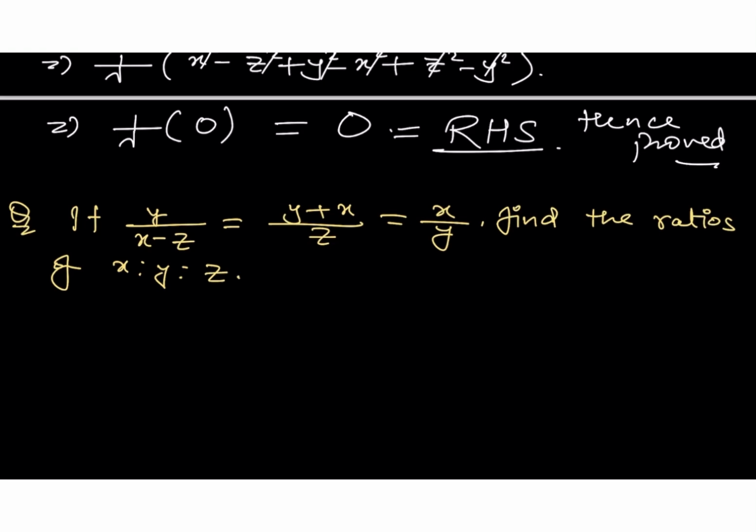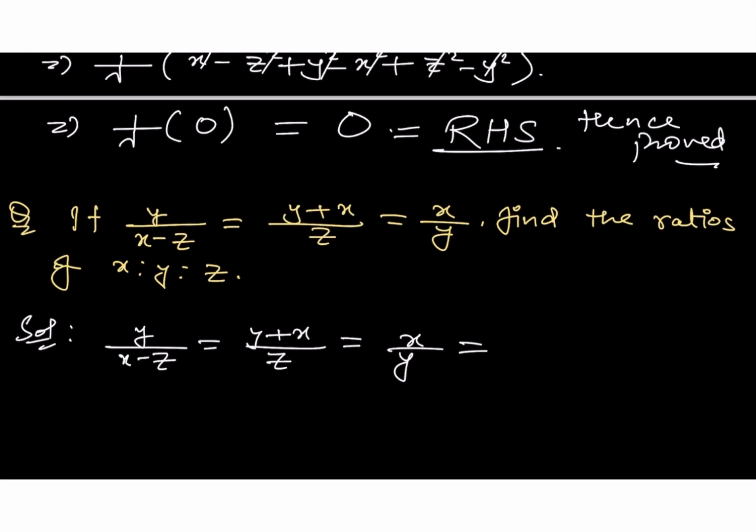Okay, students, so this time I'm taking all three ratios. So y upon (x − z) is equal to (y + x) upon z is equal to x upon y. Now adding all three numerators and all three denominators, it will be equal to 2(x + y) upon (x + y).